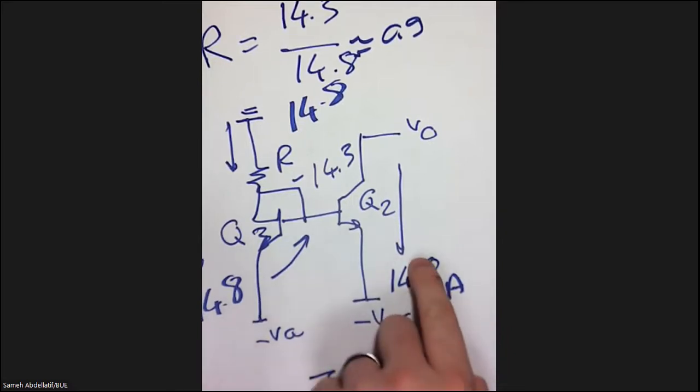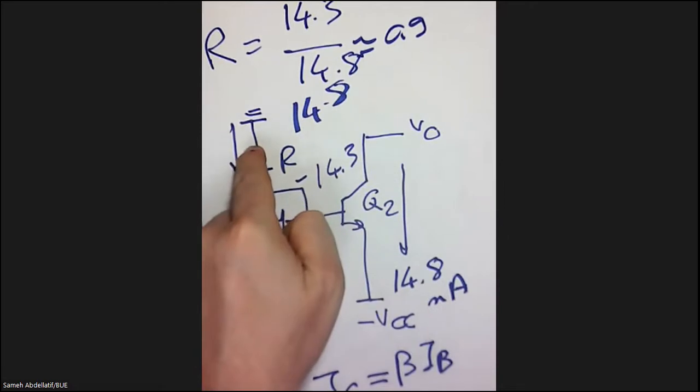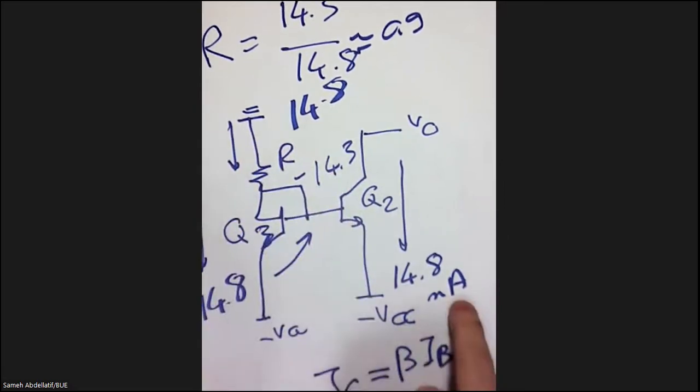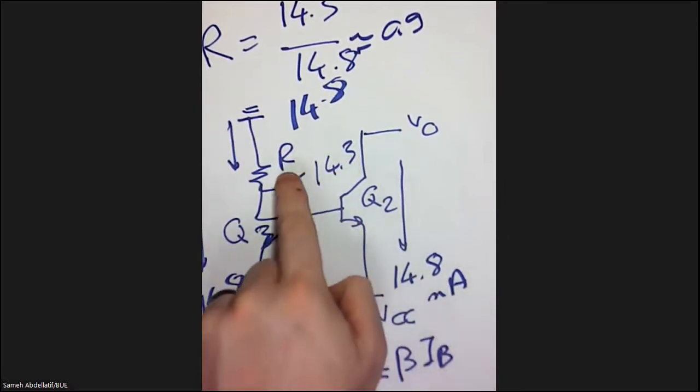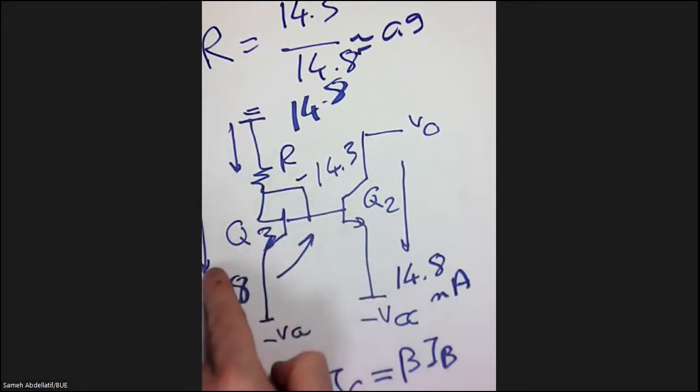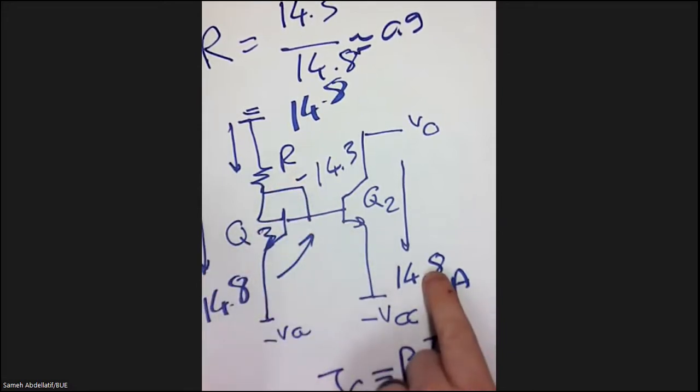We calculate the needed I, and then we return back to calculate the R needed to get this I. But whenever this R changes, this I will change, and automatically this I will change. And this may clip your output stage amplifier. This is very important, my dear students.